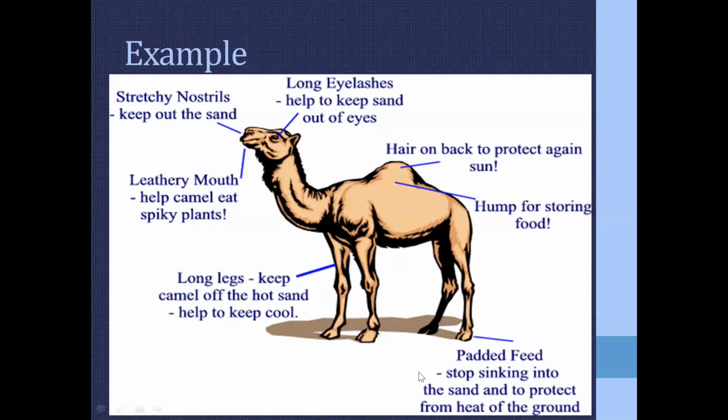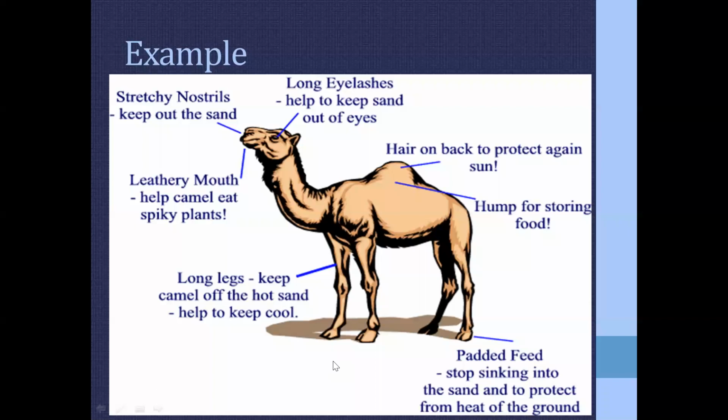When we walk on sand, sometimes we feel that our feet go inside the sand, and we are not able to walk in sand properly. But because of these padded feet, they can move easily on the sand. So I hope, students, you have well understood the adaptive features of a camel.